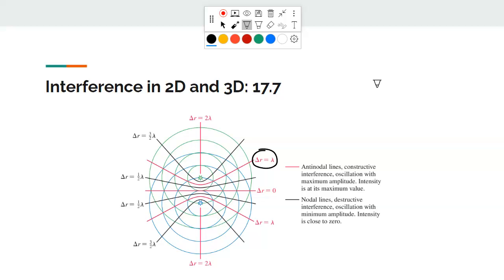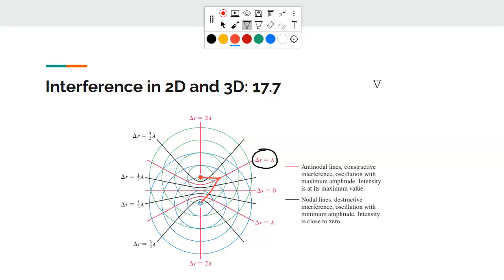So for all of the points on this red line, the distance from the green source, sorry, let me choose, you're just using all the colors here. Maybe I'll use orange. So the distance from this green source to anywhere on this red line will always be 1 length lambda farther than the distance from this blue source to anywhere on this line.